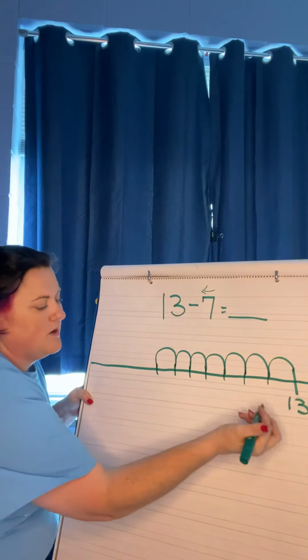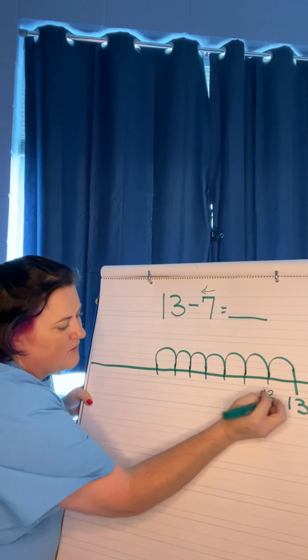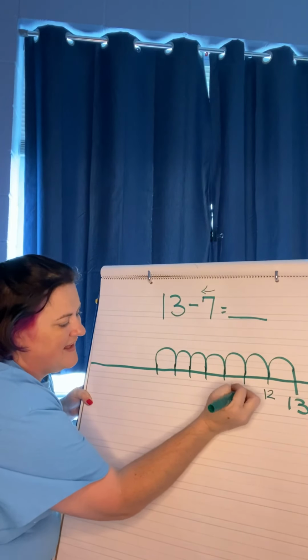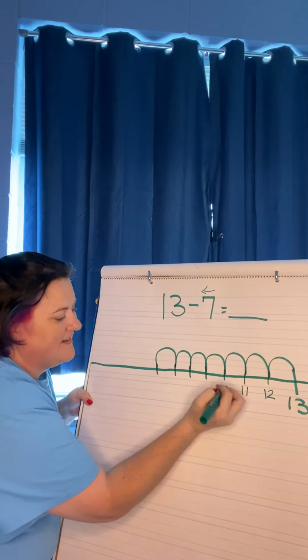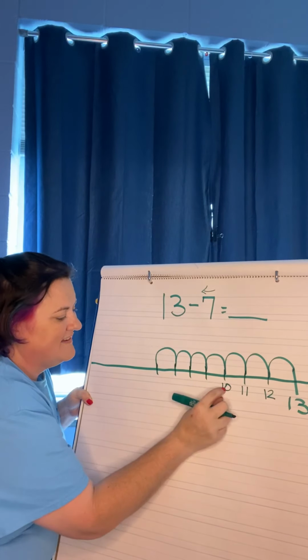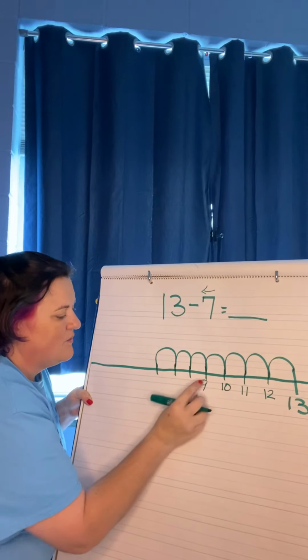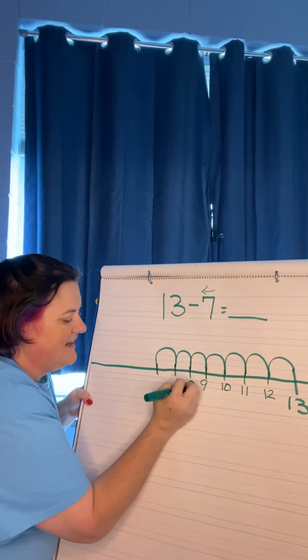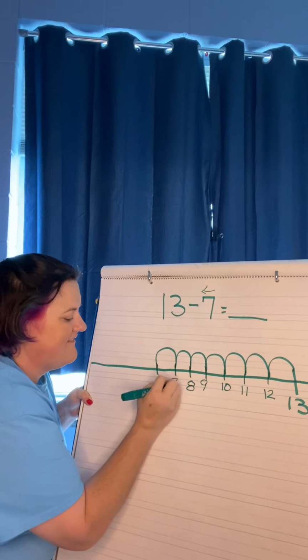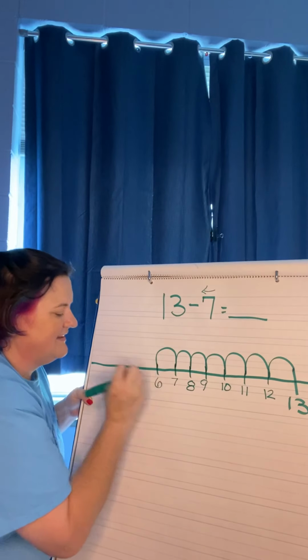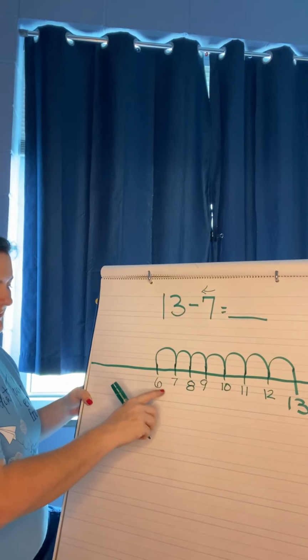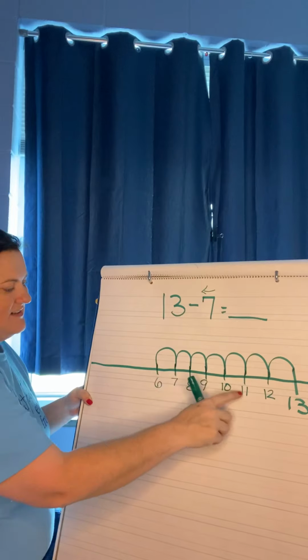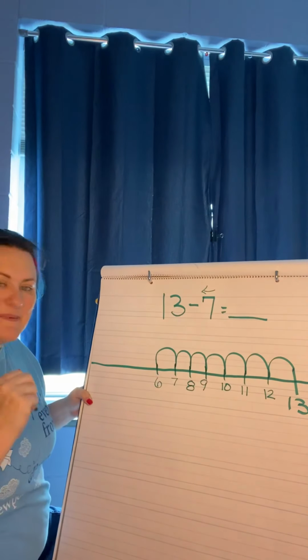So 13, 1 less is 12. 1 less than 12 is 11. 1 less than 11 is 10. 1 less than 10 is 9. 1 less than 9 is 8. 1 less than 8 is 7. 1 less than 7 is 6. And I can check my work. 6, 7, 8, 9, 10, 11, 12, 13. I did not skip any numbers.